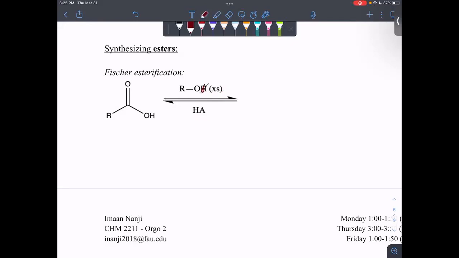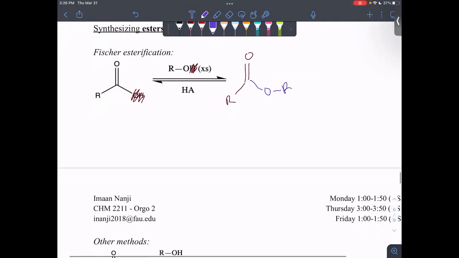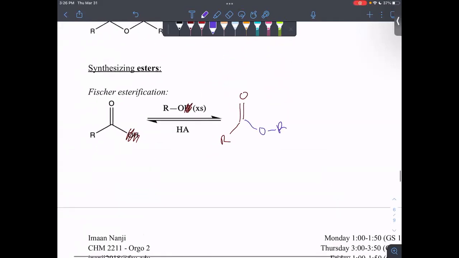We can cut off 1 hydrogen, cut off the leaving group, and paste it. And the way you ensure you have the most ester product is by adding a lot of alcohol in excess.